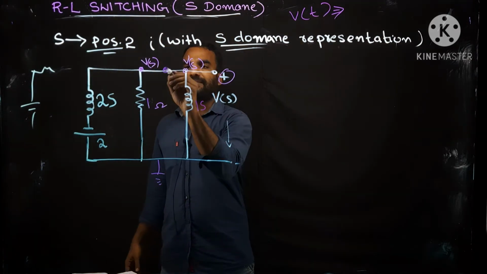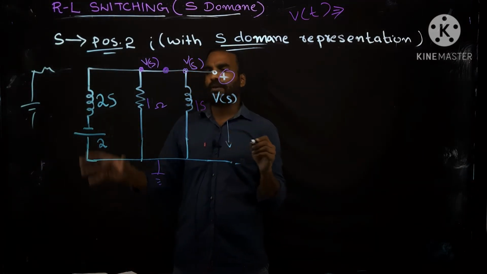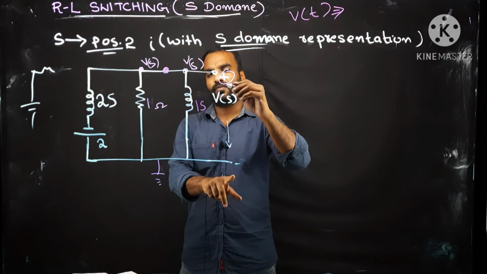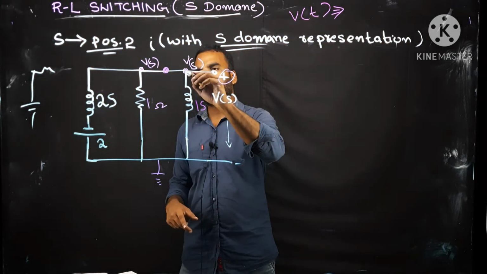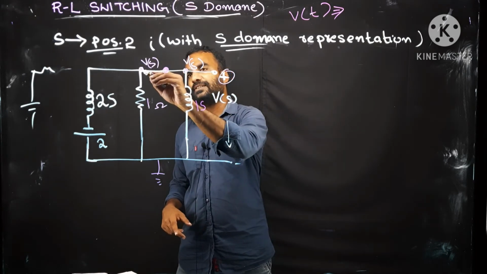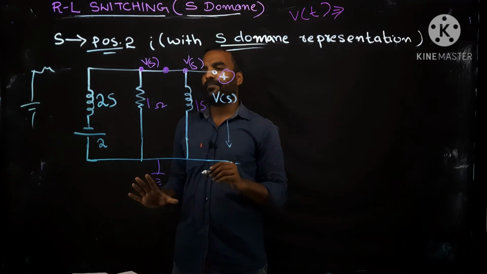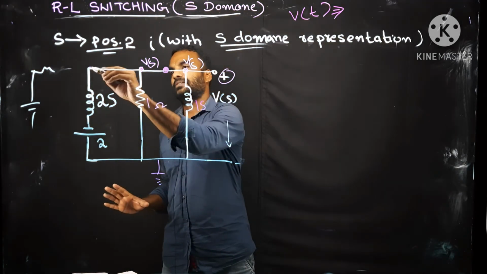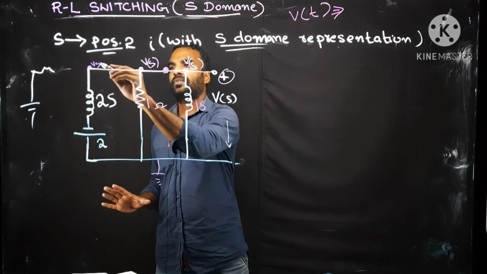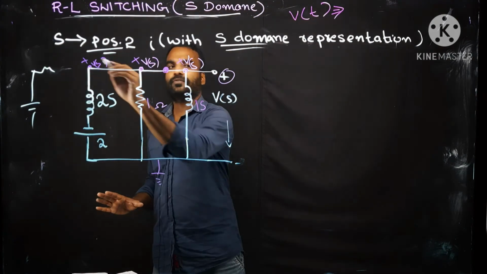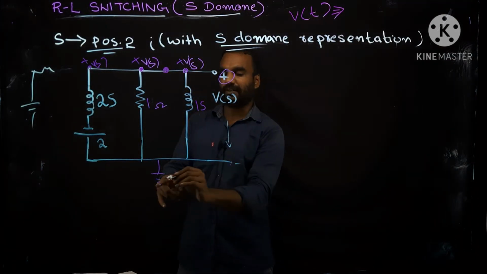For that, I am considering this as a node where more than 3 elements are meeting. And as this is Vs, voltage in S domain, all the parallel branches will also have a voltage of V of S. Taking this as positive, all the V of S as positive because negative is the reference.